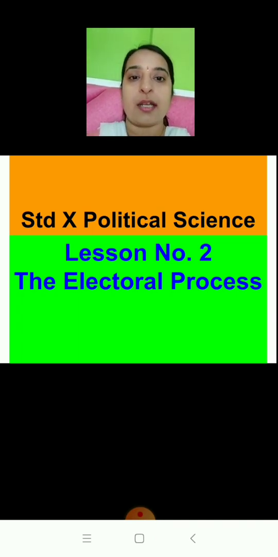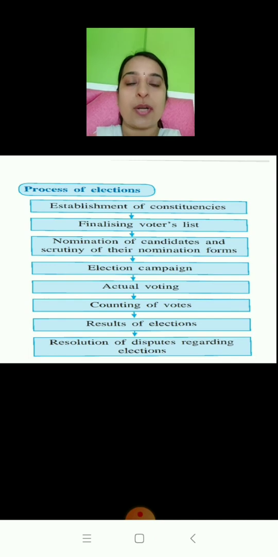Now children, have a look at this flow chart about the process of elections. The first step is establishment of constituencies.